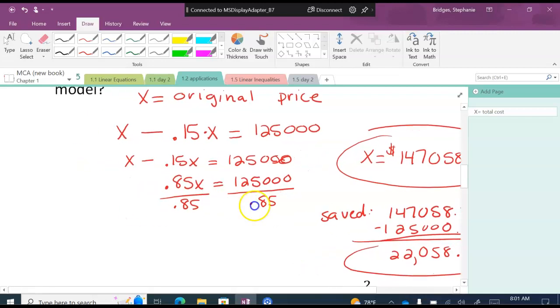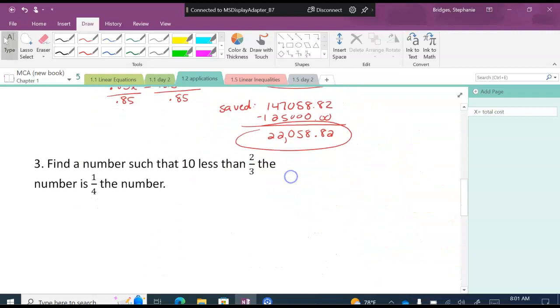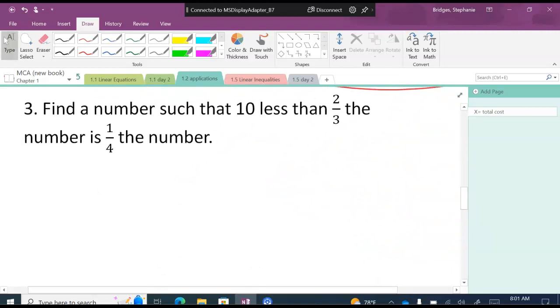All right, let's take a look at number 3. Read your question. We are looking for a number such that 10 less than 2/3 the number is 1/4 the number.